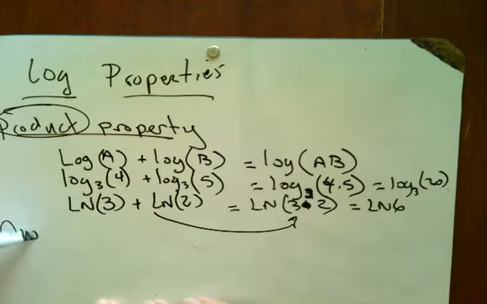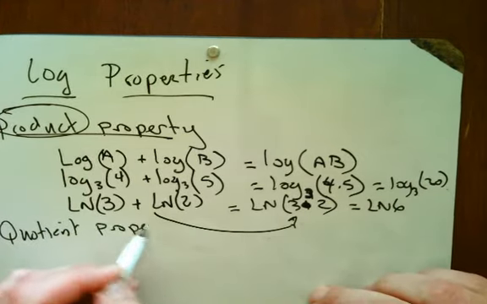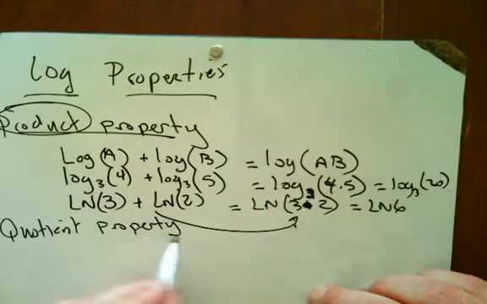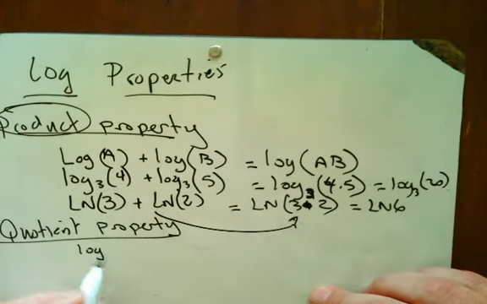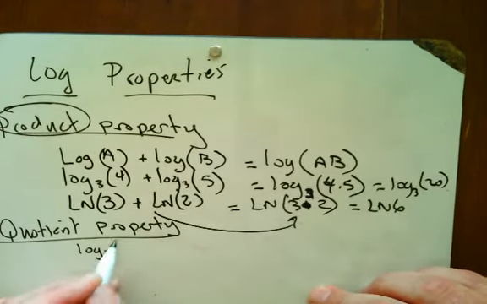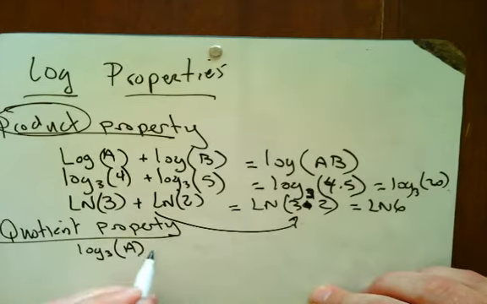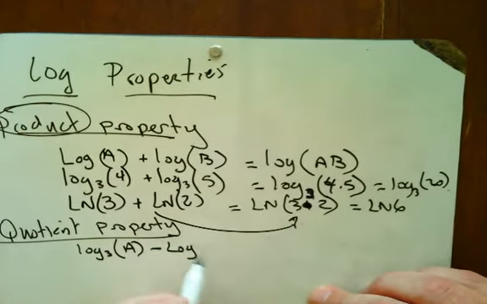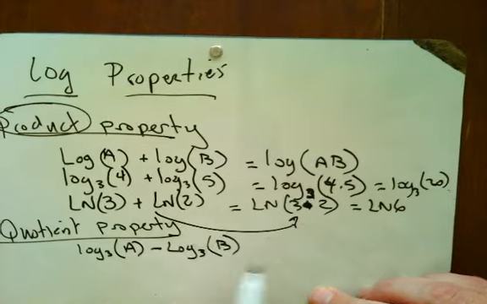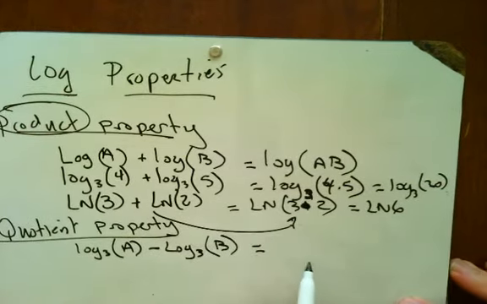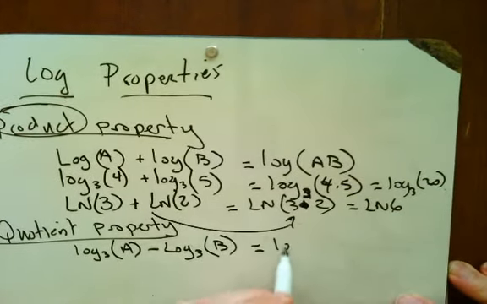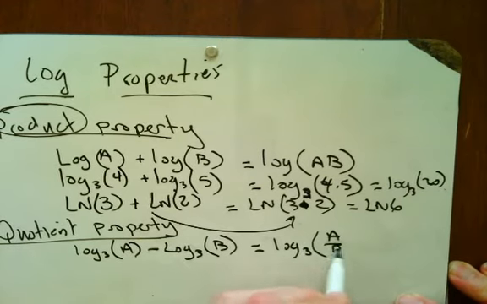Okay, there's the product property. What about our quotient property? For the quotient property, I'm still going to be working with 2 logs, but this time, instead of 2 logs joined with addition, I'm going to be looking at 2 logs joined with subtraction.